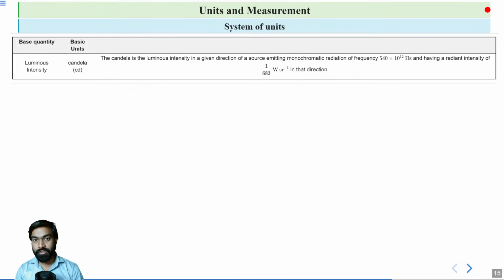According to the definition, one candela is the luminous intensity where monochromatic radiation, light of a single frequency, has a frequency of 540 into 10 raised to the power 12 hertz, and its radiant intensity in the particular direction is 1 divided by 683 watt per steradian. In simple terms, this is a standard way to describe how much light a source is emitting in a specific direction.